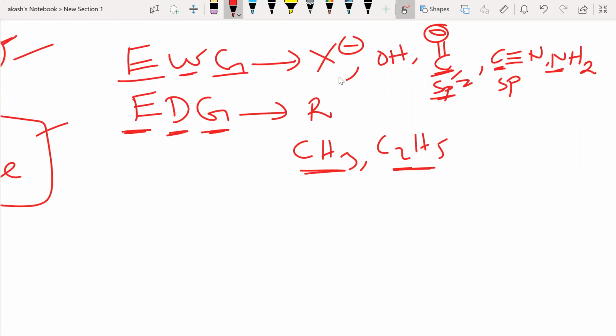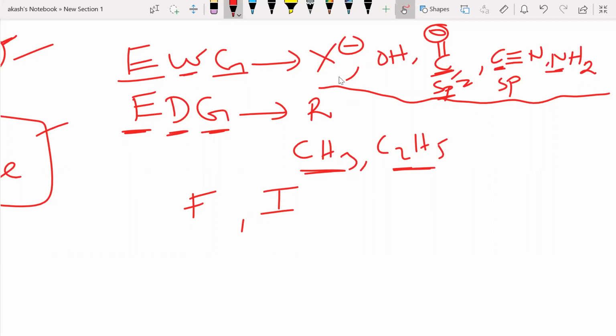Now, when I go for electron withdrawing groups, what you have to understand is, if I give you two electron withdrawing groups, which will have more electron withdrawing power, that also matters, isn't it? Say for example, if there is fluorine and there is iodine, which is more electron withdrawing?